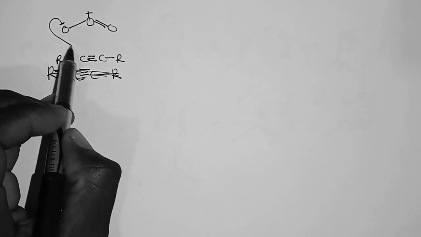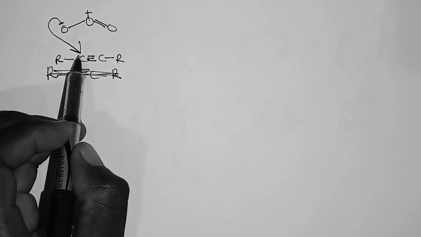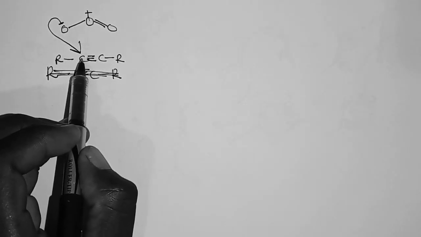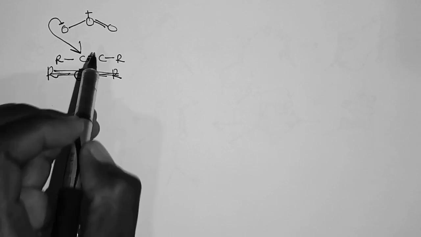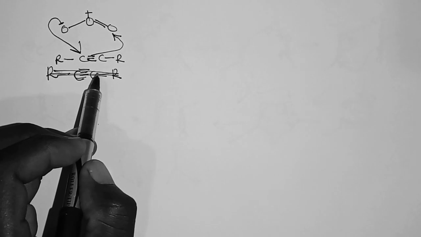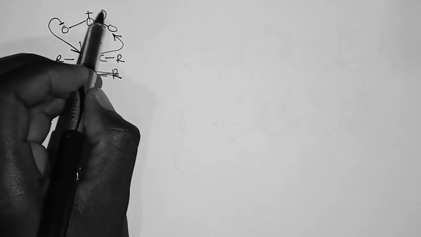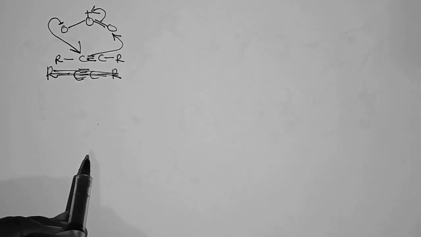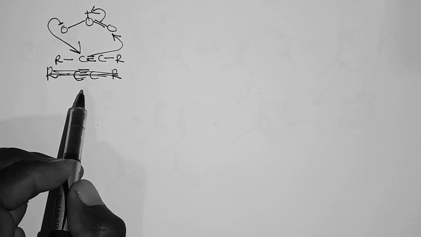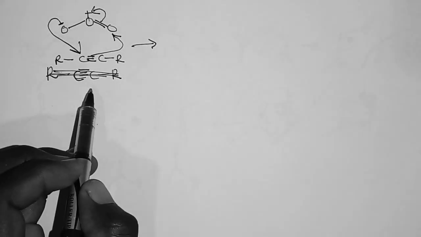So just as it happened in alkenes, it will donate one pair of electrons to this carbon-carbon triple bond center, and then it will cause this one to move one of its lone pairs to this oxygen. The bonds will be too many, so this oxygen will move its lone pairs to this oxygen bearing a positive formal charge, and that will lead us to this intermediate.